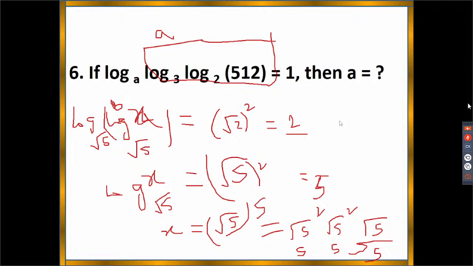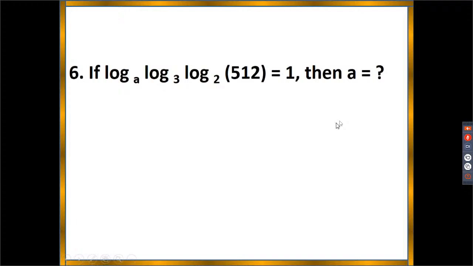Log base a, log base 3, log 512 base 2 is equal to 1. Then a is equal to dash.